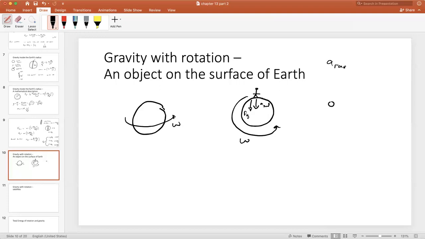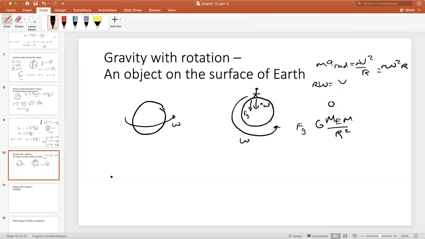Remember that a_rad was equal to v squared over R. And if omega R is v, then this becomes omega squared R. And if we multiply both sides by m, we get the force of radial acceleration. We know the force of gravity will be G M of the Earth times m over R squared. This is the force of gravity.